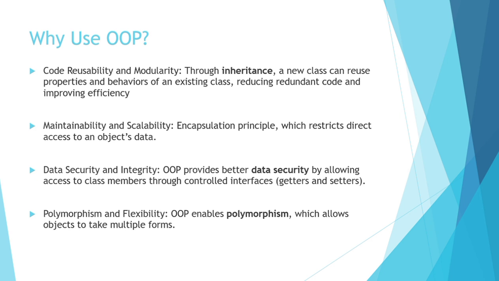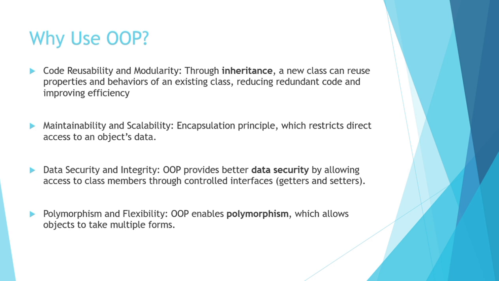Maintainability and scalability. The encapsulation principle in object-oriented programming helps in maintaining and scaling software efficiently by restricting direct access to an object's data. Encapsulation allows data to be bundled together with the methods that operate on it, preventing unauthorized modifications.